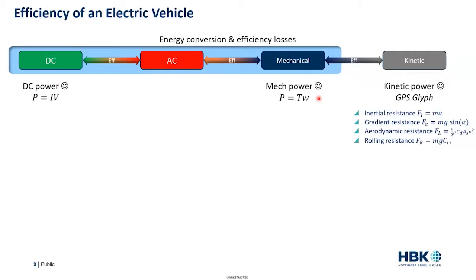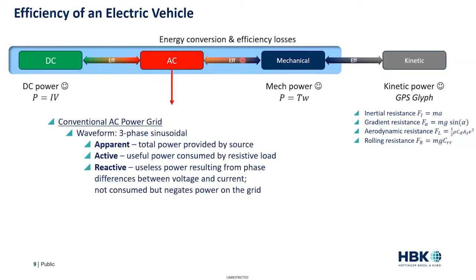So we can look at the efficiency of the gearbox. We can even calculate kinetic energy as well, the power used to propel the vehicle, and I'll talk more about that later. But these three here, these are what we get in the laboratory when we're looking at our eDrive system. The complicated one is actually AC power.